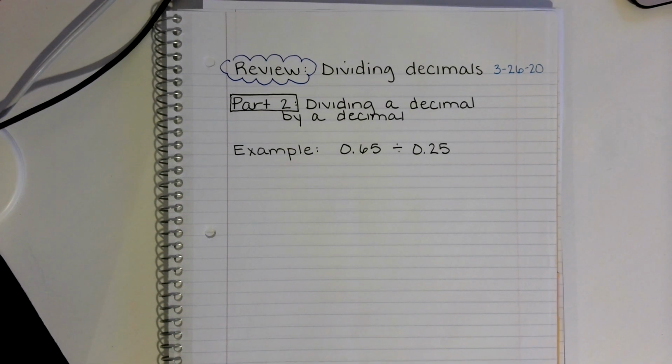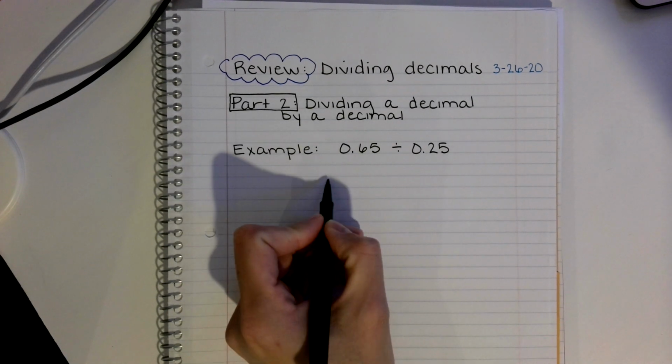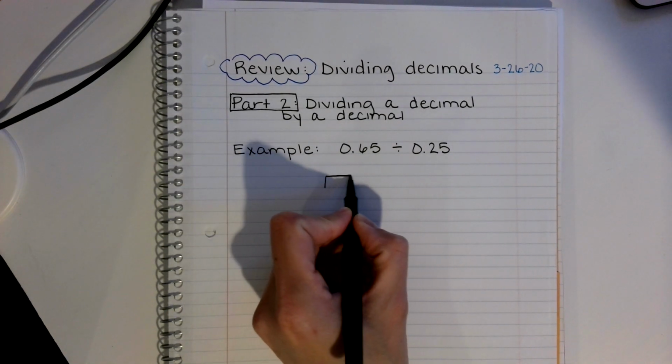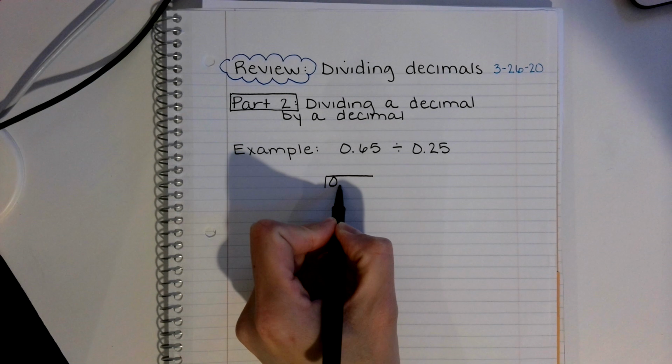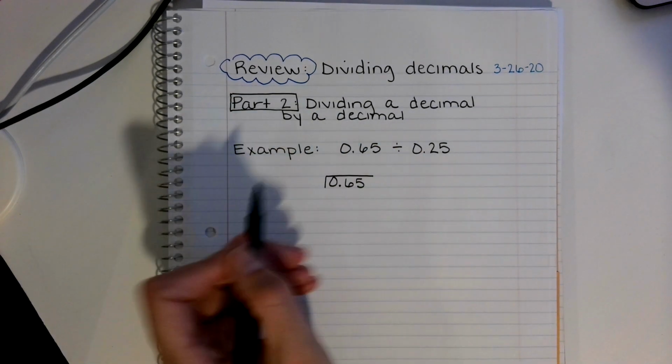All right, so to divide a decimal by a decimal, the first number, remember, that's the one that goes in the bracket. The number that's next goes on the outside.